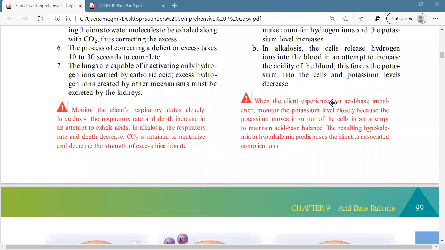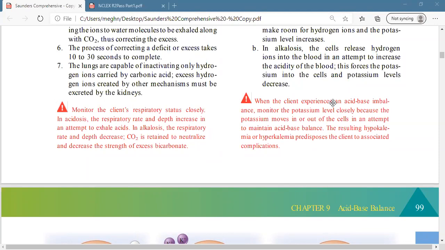I believe everybody knows what an electrolyte is. Electrolyte means sodium, potassium, calcium, phosphorus. But out of all, the most important is potassium, because a patient can die because of arrhythmia, hyperkalemia or hypokalemia.